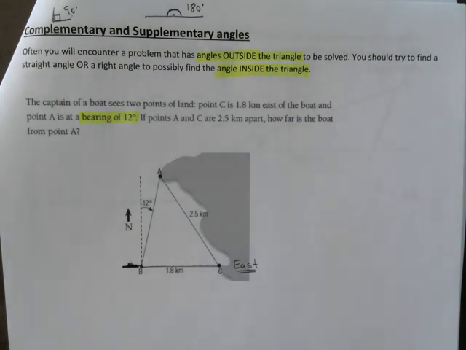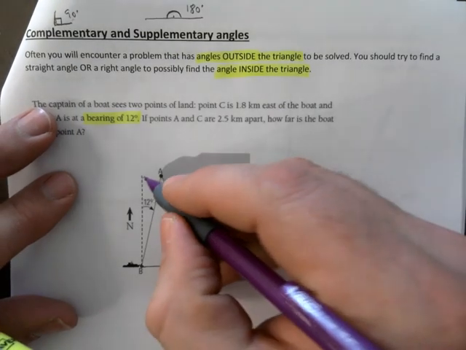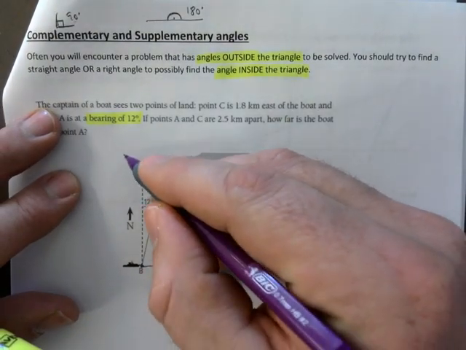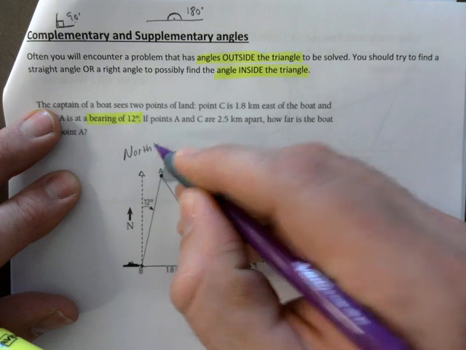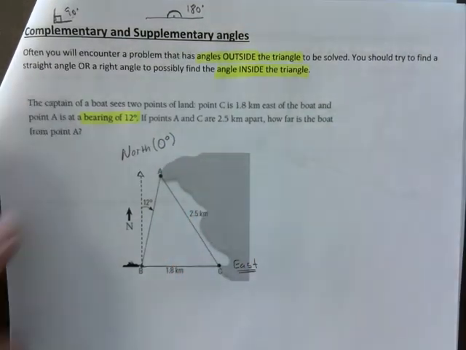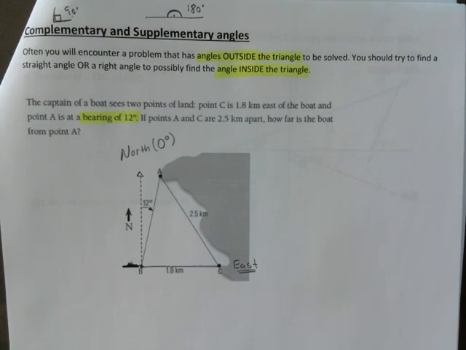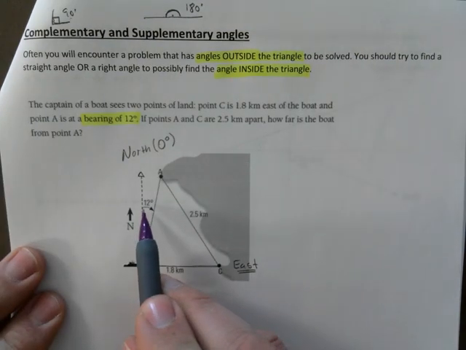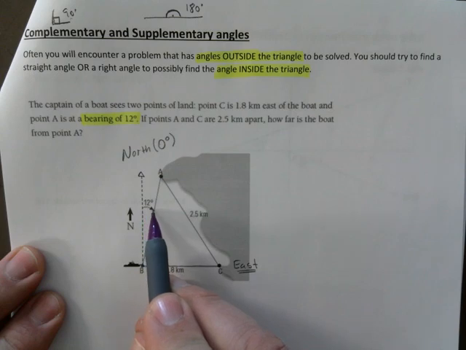It tells you what direction you should be going. One thing for sure is this is north up here. And when it comes to bearings, it'll be 0 degrees. So if somebody says go at a bearing of 0 degrees, you're going straight up north. If you're going 12 degrees, then you start from the 0 and you move over 12 degrees like that.